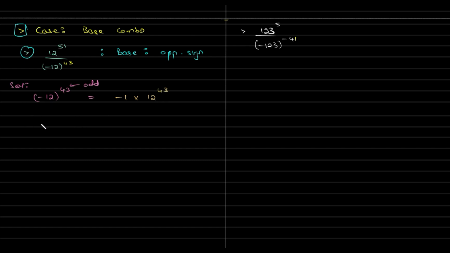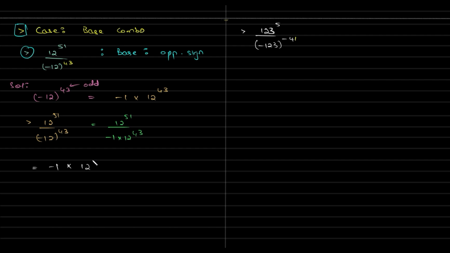So now we are looking at the question 12 to the power of 51 divided by 12 to the power of 43. So this is nothing but 12 to the power of 51 divided by negative 1 into 12 to the power of 43. Right. A positive term being divided by a negative term will result in a negative value.